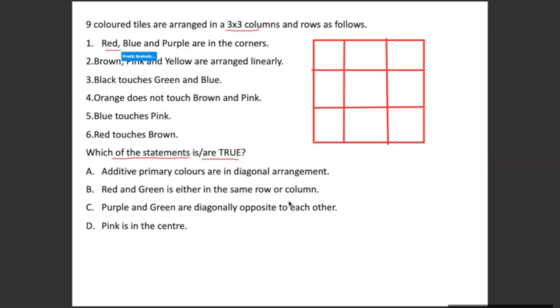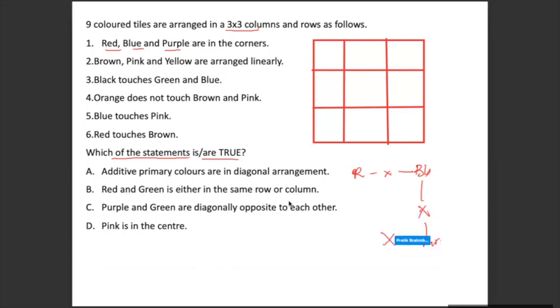First says that red, blue and purple are in corners. I already know that red, blue and purple are in corners. So I say, okay, maybe this is red, X, blue, X, and then purple. For example, I'm saying it is like this, for example.